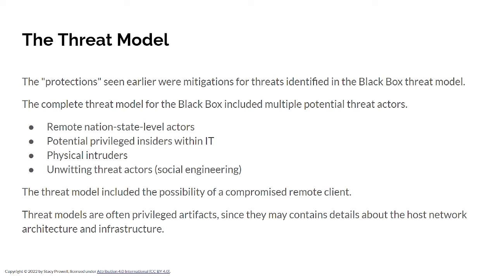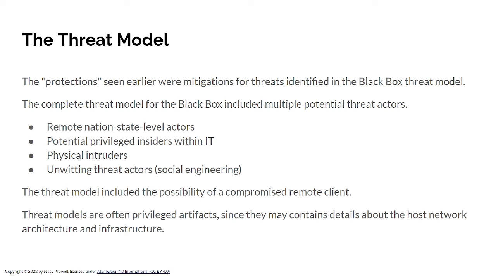So we picked like the worst cases we could think of for this. And the threat model included the possibility of compromising remote clients. The idea being that it should be much easier to compromise, let's say, Maryland's public health infrastructure than it is to compromise the black box. So you might get Maryland's data, but you don't get everyone's data.